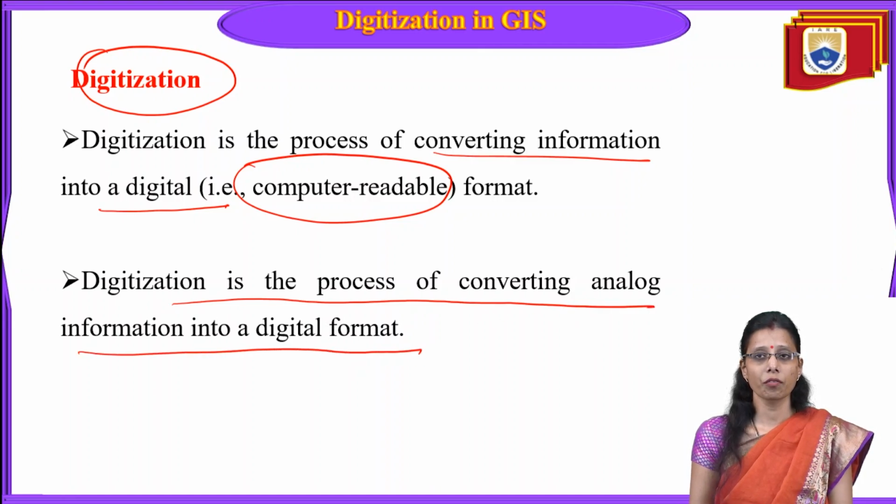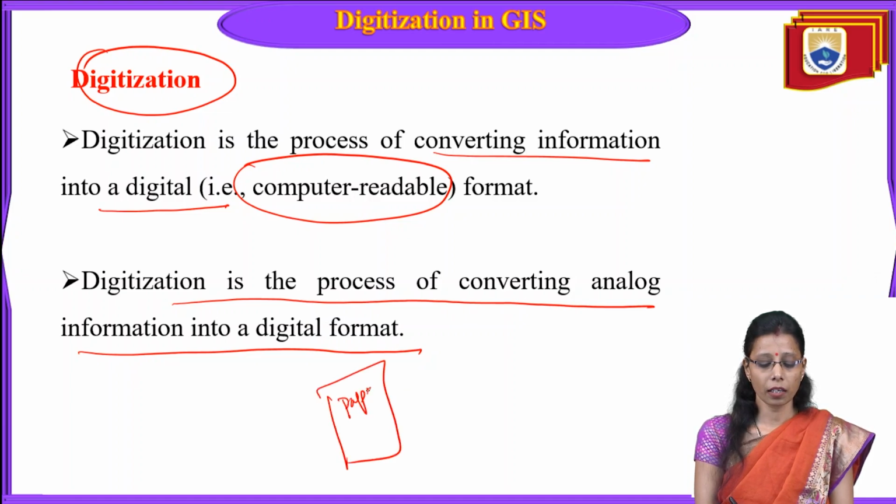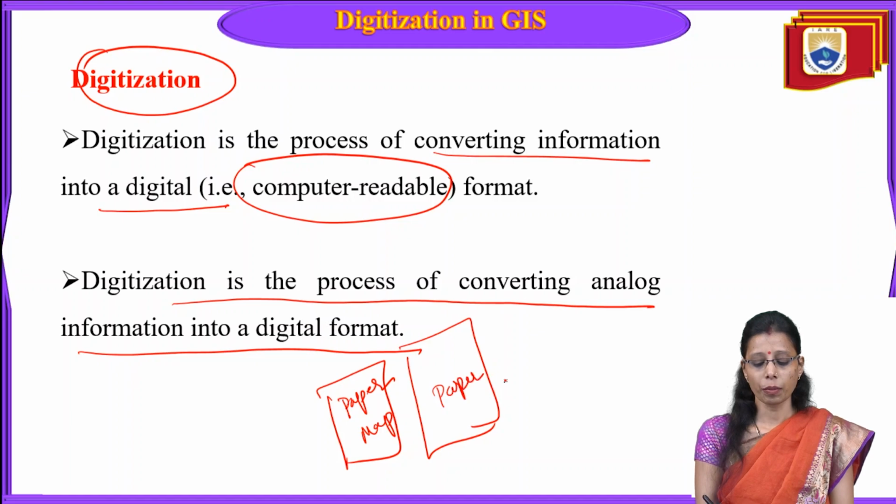Now what is analog information? Analog information is all these paper formats, like a paper map, or something written on a normal paper. If I want to view this paper in my computer system, then generally we just scan it and later try to convert this image information.